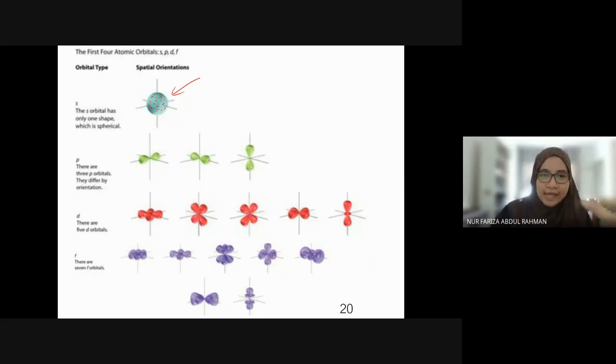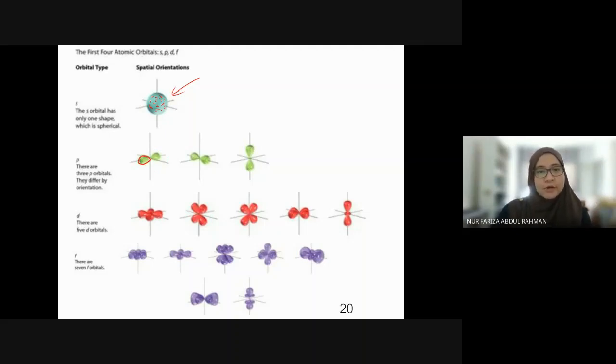As for P orbital, it is in lobe form, dumbbell shape, yes, dumbbell shape or lobe. That would be for P.